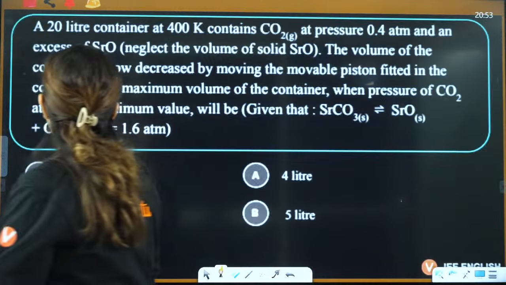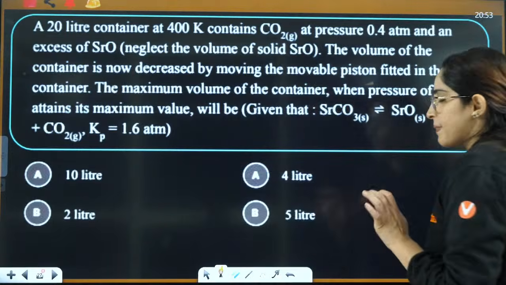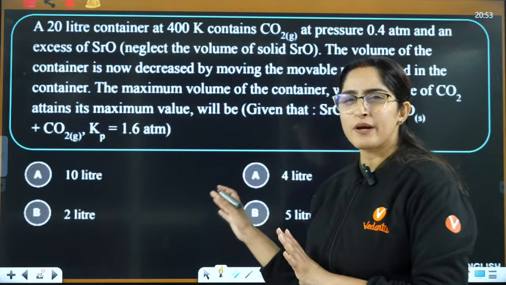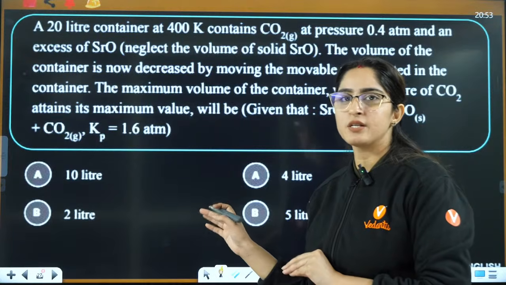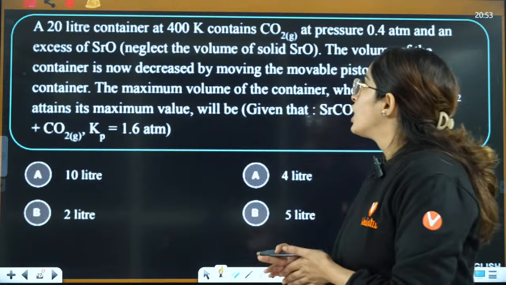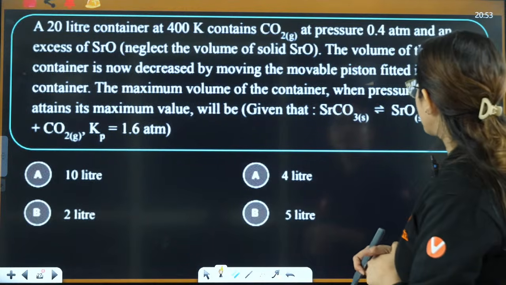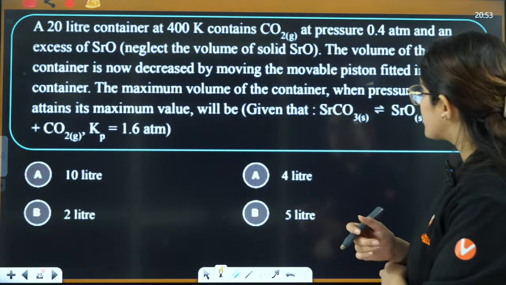Now let's see one question based on this, that is here, right? So it's a simple question only. It's not a complicated question, but it's a different question. It's based on a very simple thing. A 20-liter container contains CO2 at this much pressure.